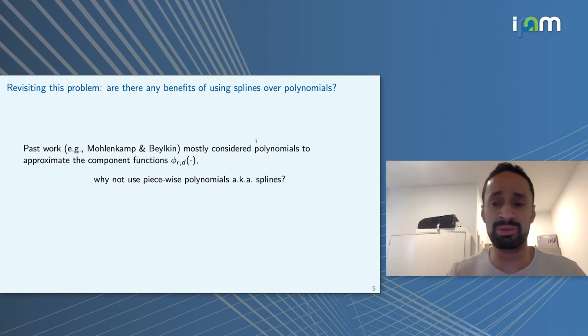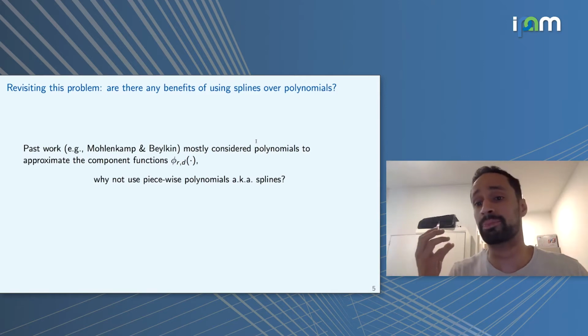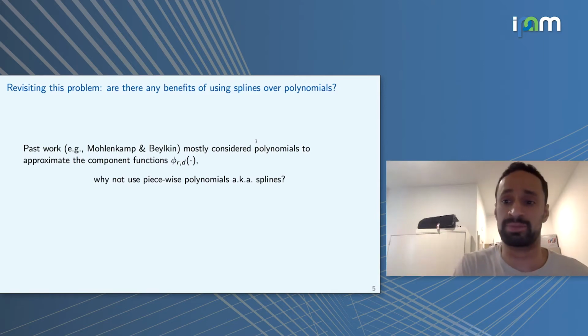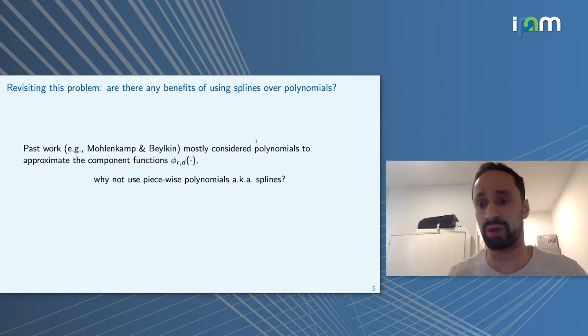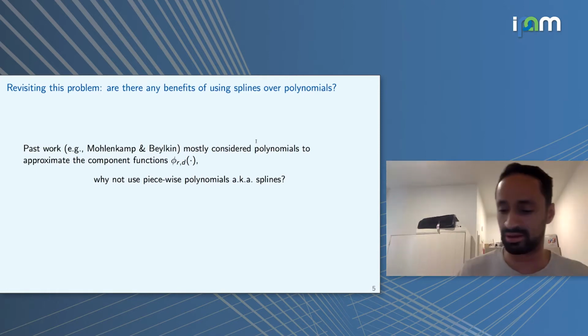Spline functions have already been used a lot in computer graphics to model curves. So one of our motivations is to investigate whether using splines in combination with these separable expansions would be a good combination where we can do effective approximation.